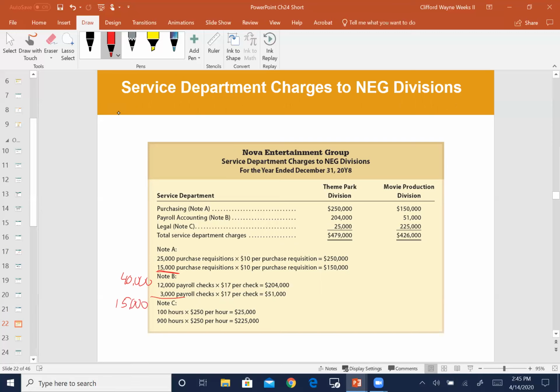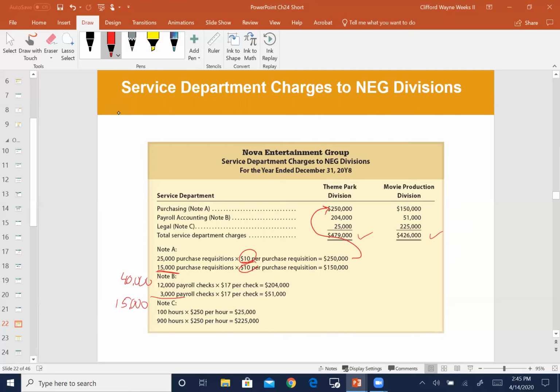We took that rate, multiplied it times the purchase requisitions for the theme park, and we came up with the 250. Now we are allocating 479 to the theme park and 426 to the movie production.